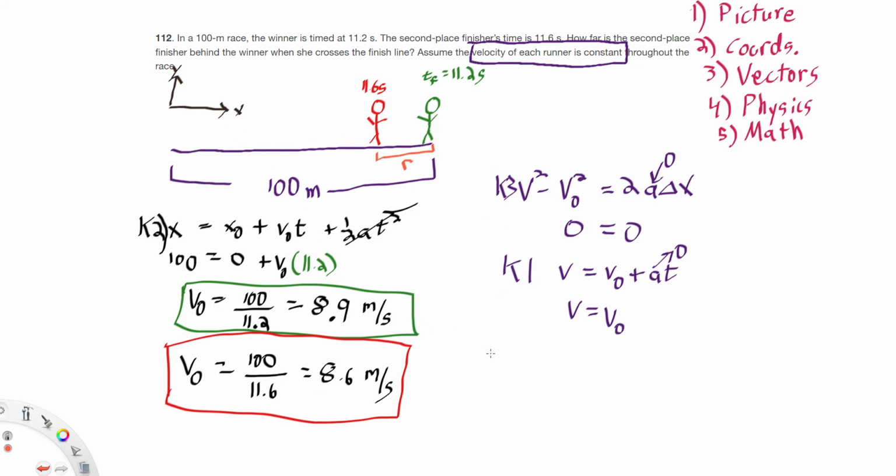So we're interested in the distance between the runners. We note that the green runner is at 100 meters already.